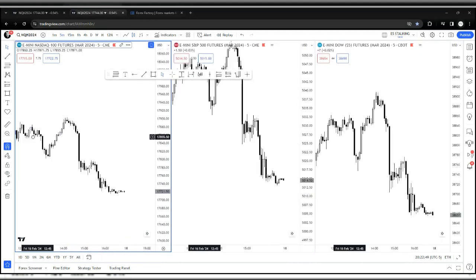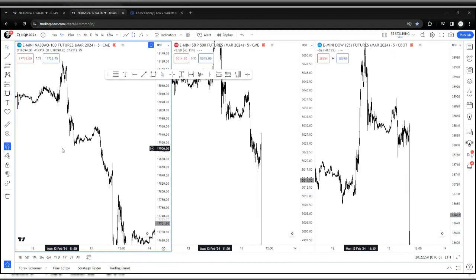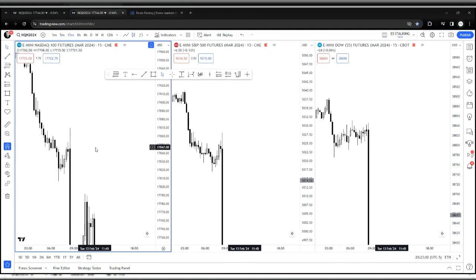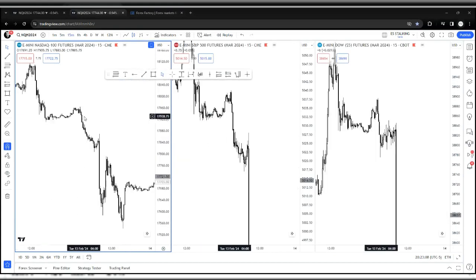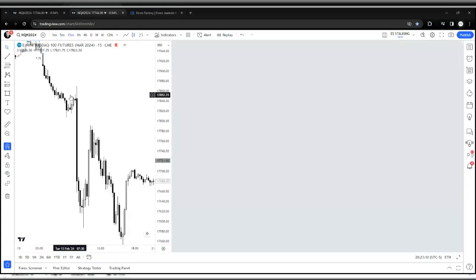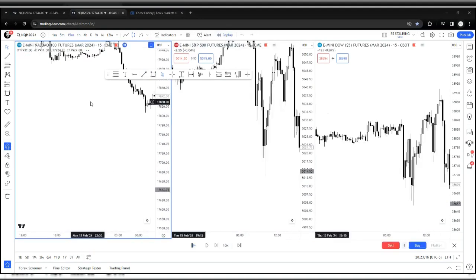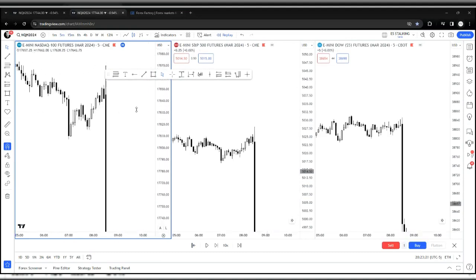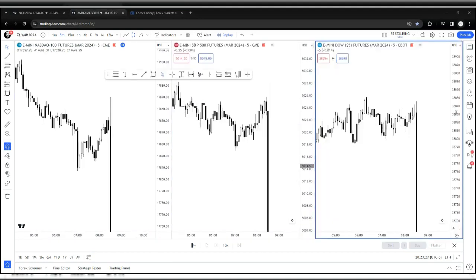Where is it? Right here. Okay, probably gotta use this so I don't get mixed up. So even right here, right, you guys will see SMT when CPI was released.